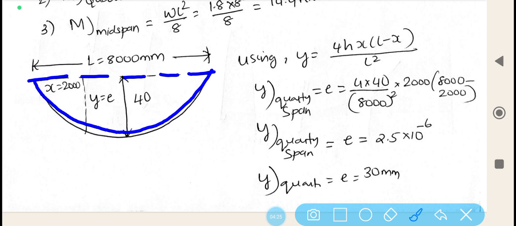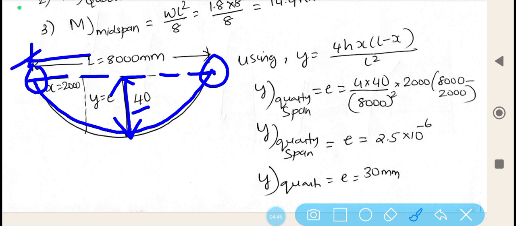Eccentricity varies from point to point. Here the maximum value at the center is specified as 40, whereas at the support it is given as 0. However, we are trying to find out at the quarter span, which means at the 2 meter distance, what that eccentricity is. This is referred to as y equal to e, which is not known. That is, y at quarter span you need to calculate separately.